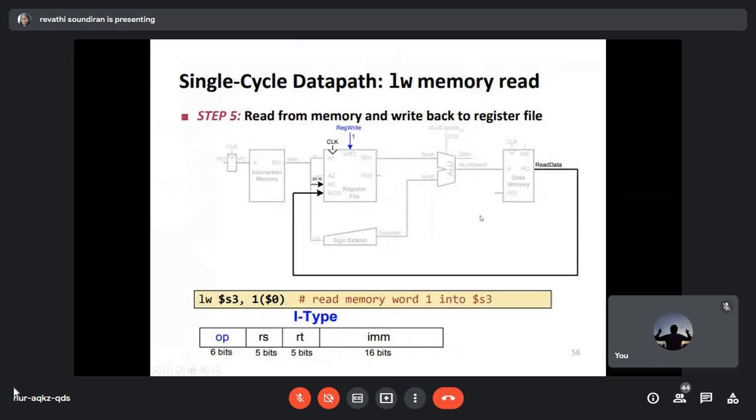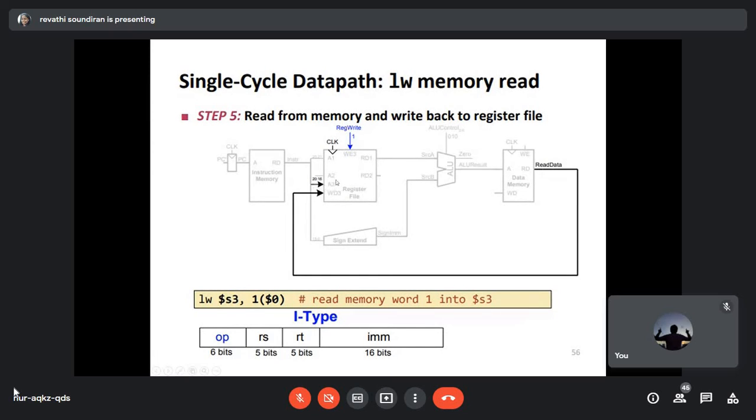And then, understand that here the register write is enabled. When you are only reading the data, this control signal would have been 0. But when you look here at register write, the control signal is high. So in this case, the data read from the data memory is written in the target register, which is in bits 15 to 20.